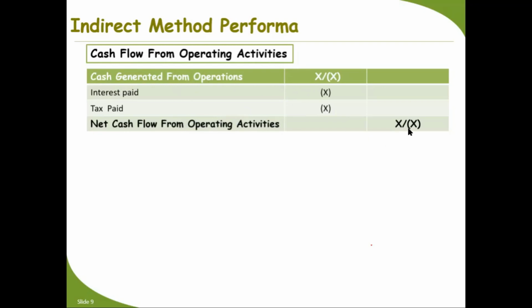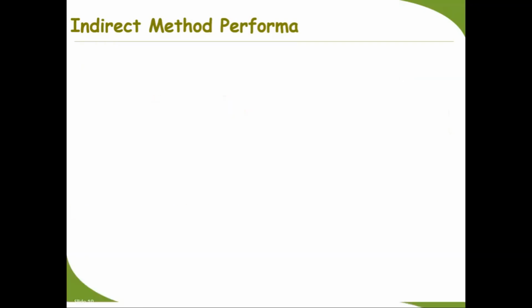Then this is the net cash flow from operating activities, inflow or outflow. Keep in mind, in today's session, my major focus would be on section A and section B questions. In another session, I will talk about section C, how to solve section C question of statement of cash flow.